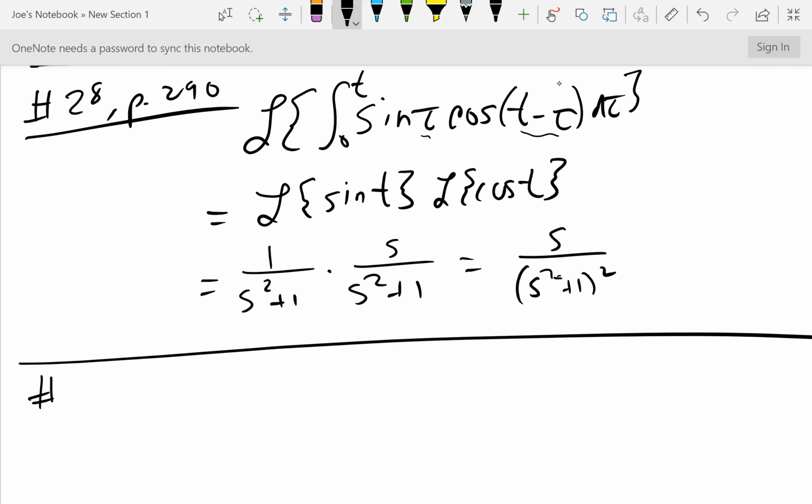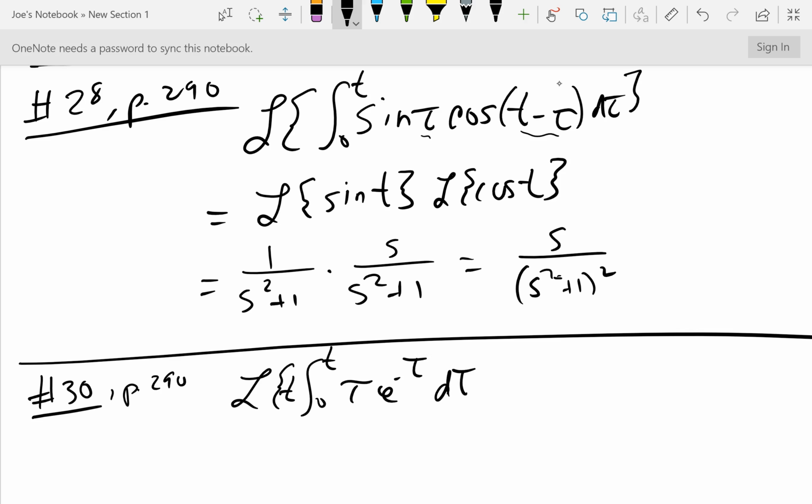It's a little bit more complicated, but not bad, but it uses one of the other ideas that we just talked about above. We want the Laplace transform of t times the integral from 0 to t of tau e to the minus tau d tau. Right now, this is a convolution integral, but notice that your second function is 1.